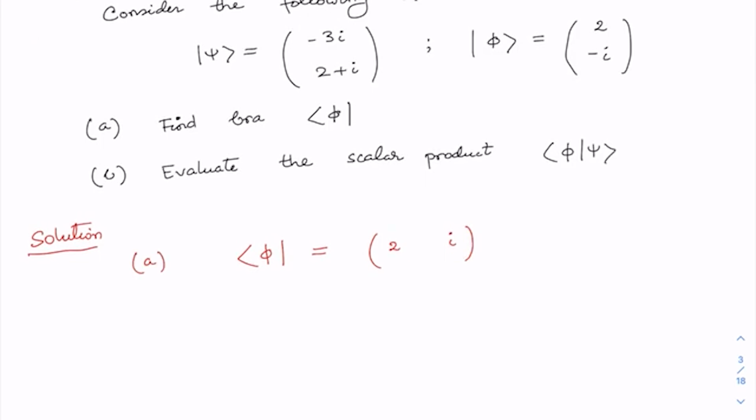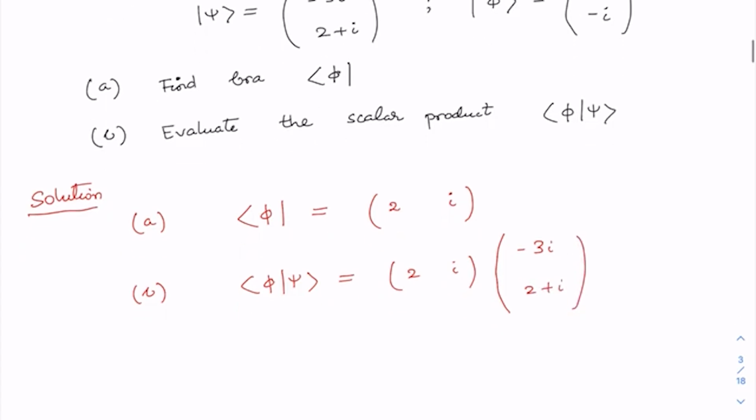This is our bra. And then the scalar product would be the matrix multiplication of this bra φ and ket ψ. So bra φ is (2, i) and ket ψ is the column vector (−3i, 2 + i).